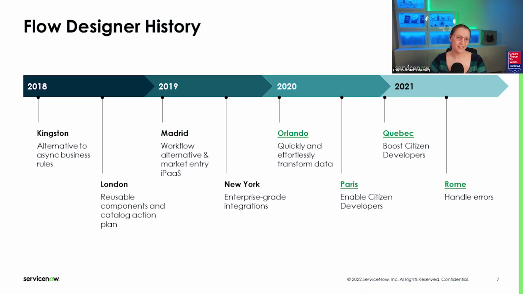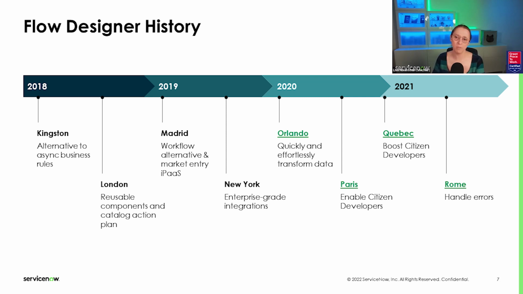So what happened? Flow Designer has been around for quite a while now. It's been over 4 years now. I couldn't really believe it until I looked into things, but I believe we released it actually in Kingston. Way back then, it was more of an alternative to business rules and also email actions reimagined.